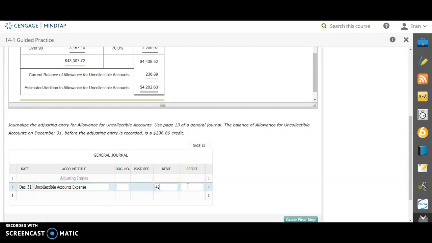So we use that $4,202.63. Okay. And what we're going to be crediting is the allowance for uncollectible accounts, $4,202.63.